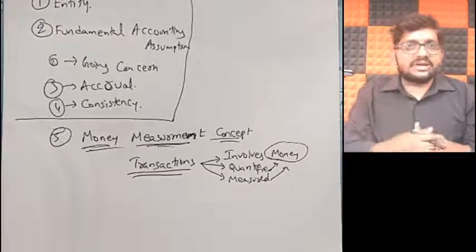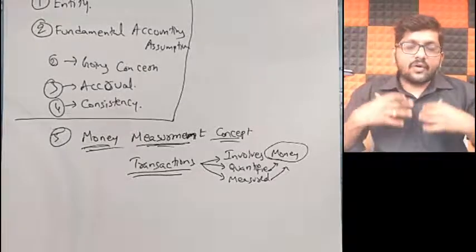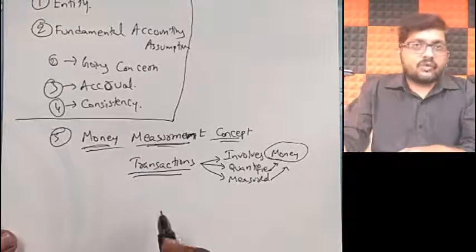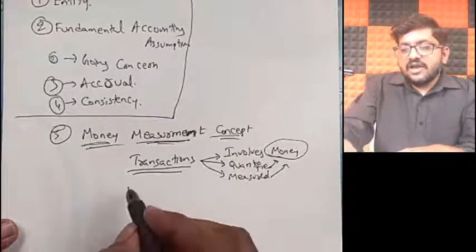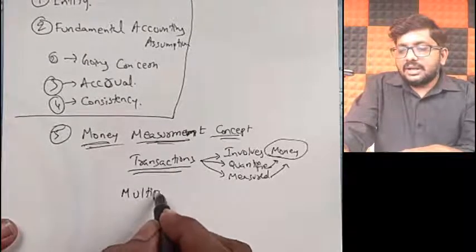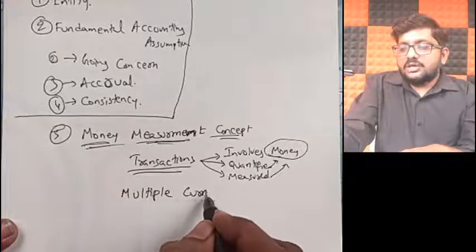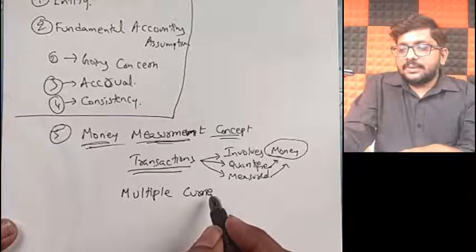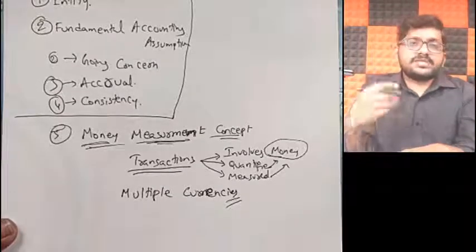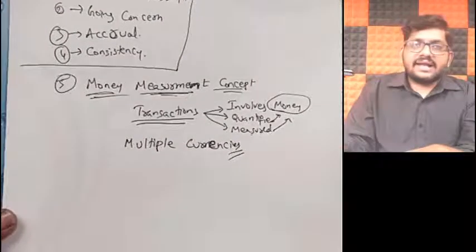That is the first aspect that the money measurement concept tells us, which we already discussed while discussing our accounting process. Now the further aspect it tells you is about working in multiple currencies. Multiple currencies means what? For example, you are an Indian company.